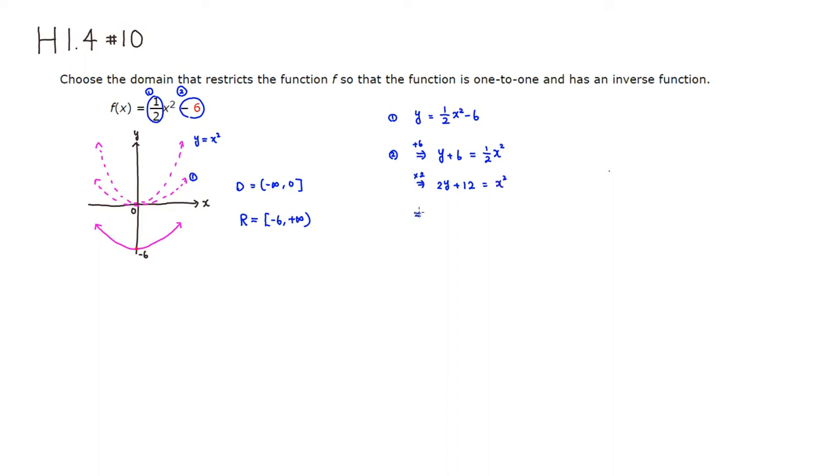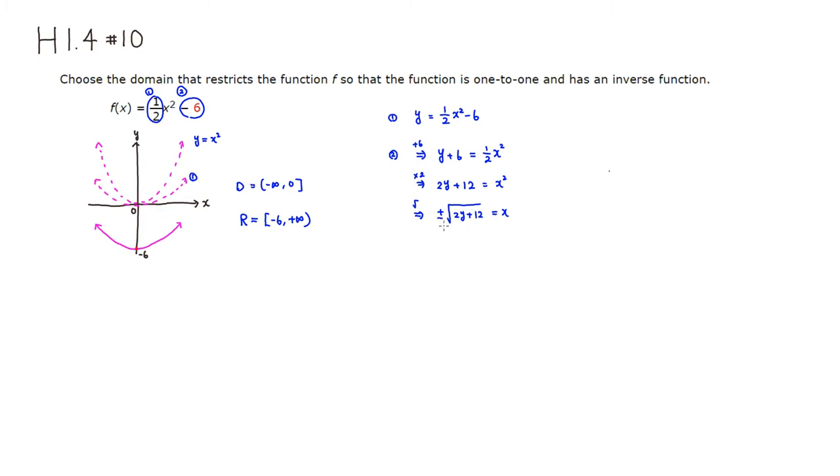Then we take the square root. When you take the square root, we have to consider plus or minus the square root of 2y plus 12 is equal to x. But remember that we restricted the domain on the negative side, so we know that we have to use the negative version of that.